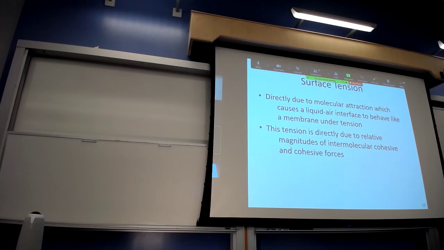Because there's an immiscibility between these two fluids. They don't want to be next to each other. And therefore, there has to be an amount of energy to keep those molecules at the interface. And a measure of the energy needed to keep the molecules at the interface is surface tension. It's the amount of work or energy per unit of surface.